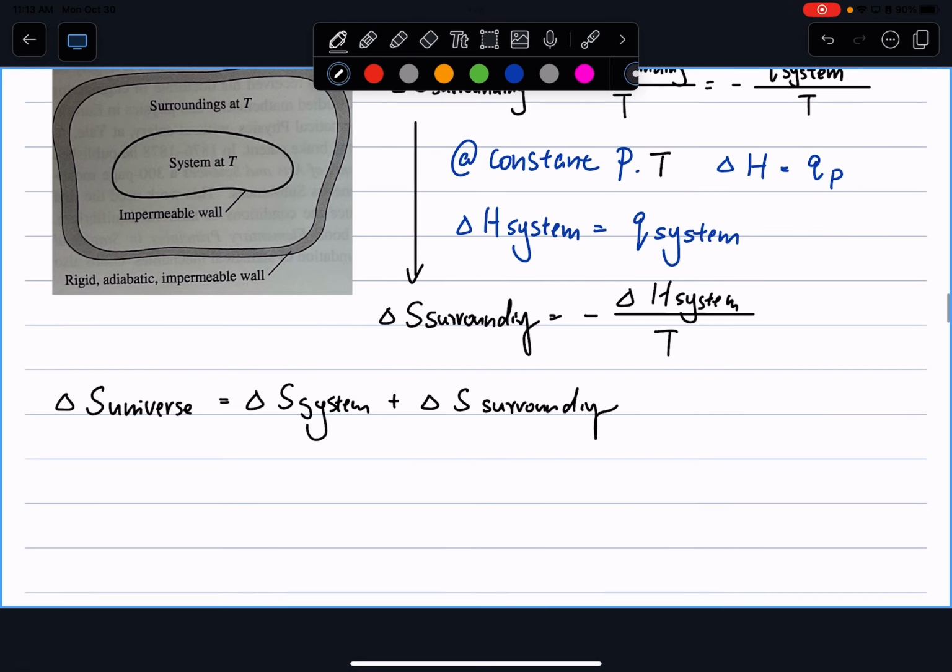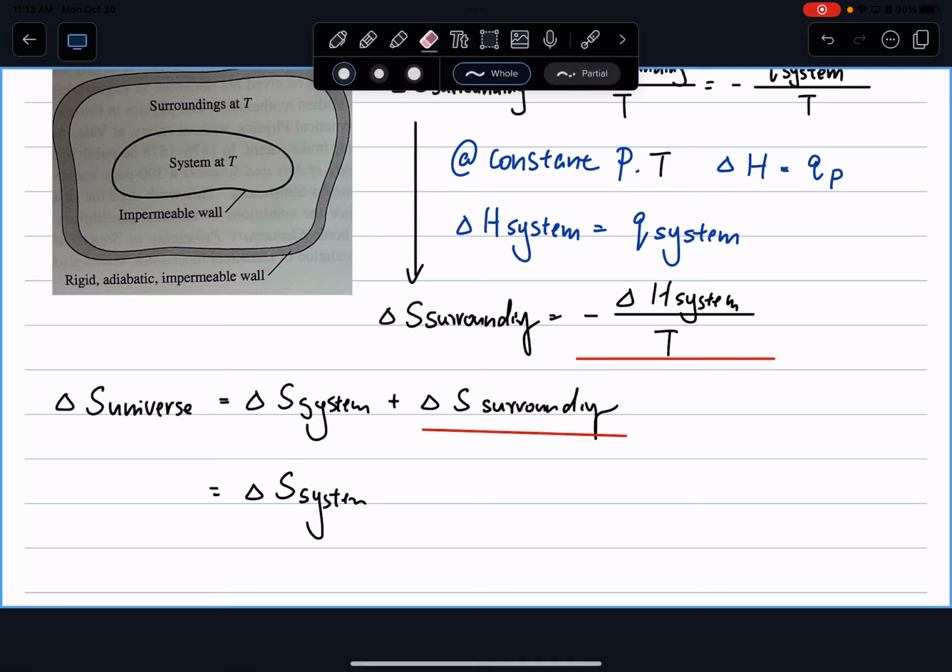In here, we have delta S of the system plus what we just derived here. So your delta S surrounding equals negative delta H system over T.